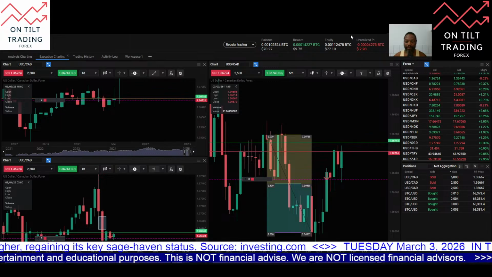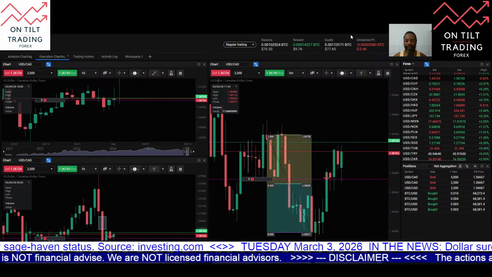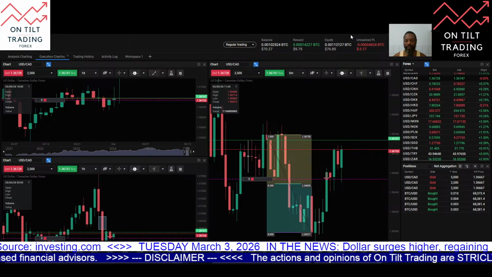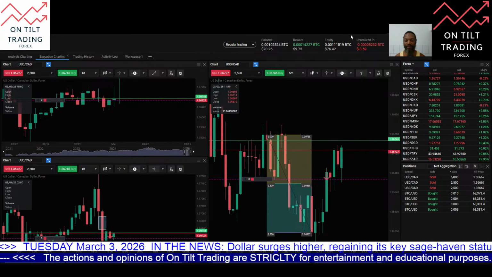Price did put in a new 5-minute low, but has also tested the 5-minute high. We'll see how price wants to deliver from here, as price is still very high in the range of the previous 5-minute candle.